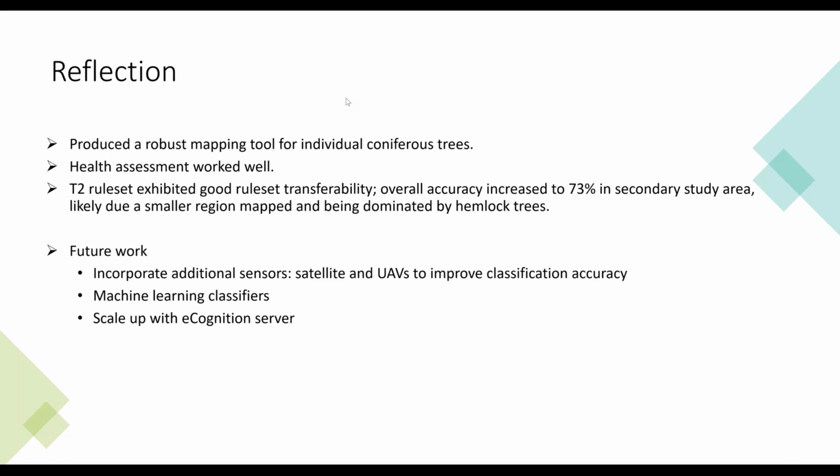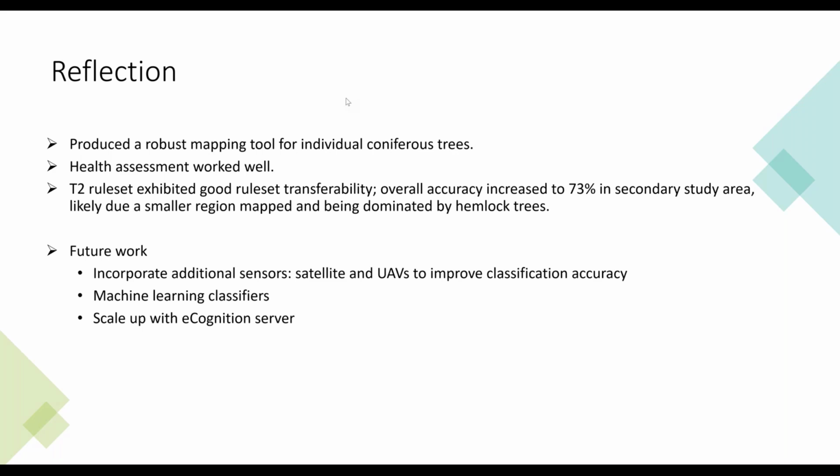And as far as future work for this project, I'd like to start incorporating additional sensors, either satellite or UAVs, to enhance spectral and spatial information to hopefully improve classification results.